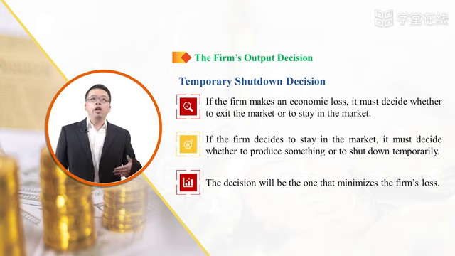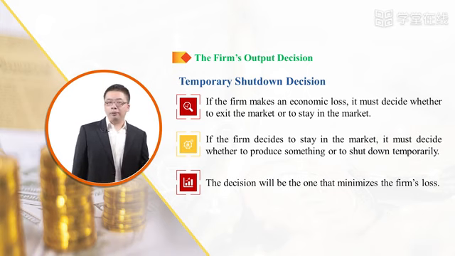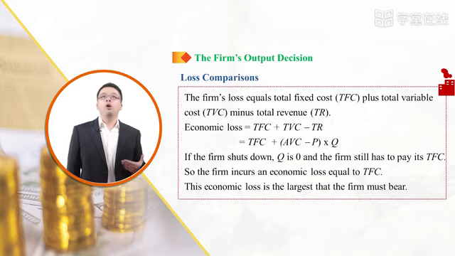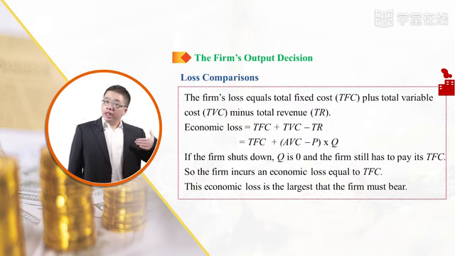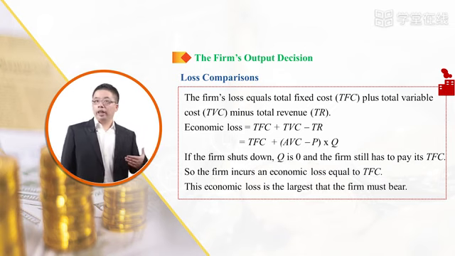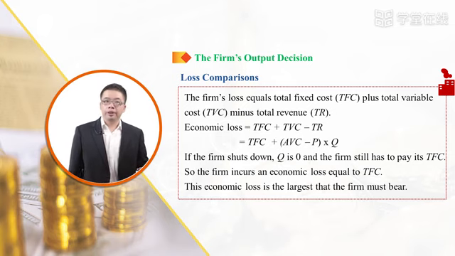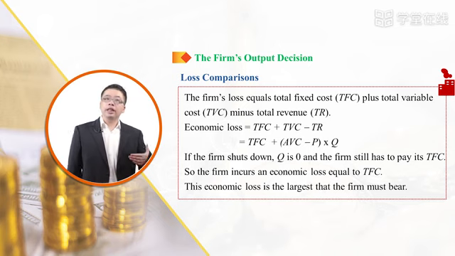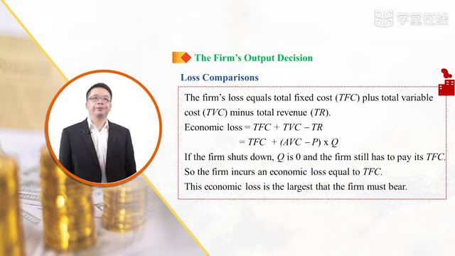So if a firm chooses to shut down, the quantity it produces is 0. So the economic loss when a firm chooses to shut down is TFC, given that Q equals 0. So the economic loss that the firm incurs equals TFC.